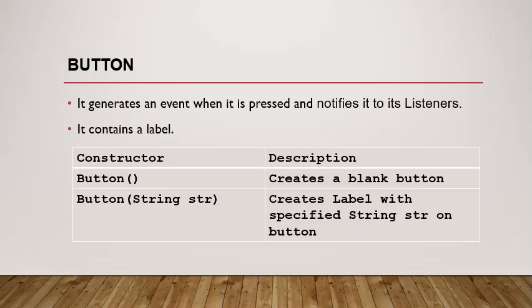It has many methods, but basically two constructors are there. One is without any parameter, so later on you can apply the label on that with the setLabel method. Or you can directly create a button object with the label, and for that you will have to use the second constructor, that is Button with the string on the button as a label.